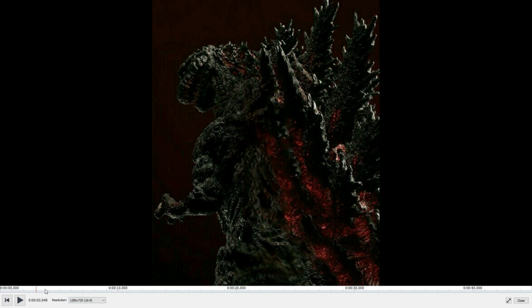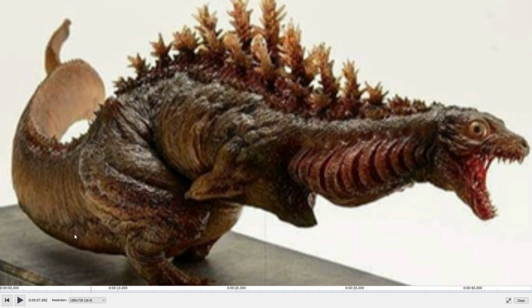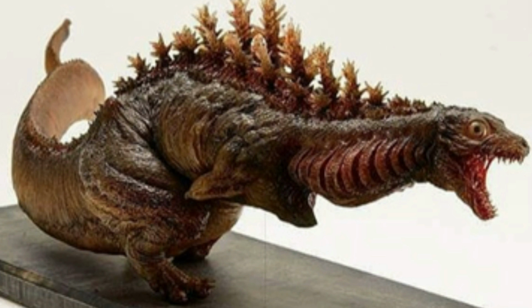Now, what happens is these little things then consume the nuclear waste, they eat it, and they continue to grow. They continue to grow to the point where they became Godzilla's first form we see in the movie, which is actually this form we see right here, which is more of an eel-like Godzilla.